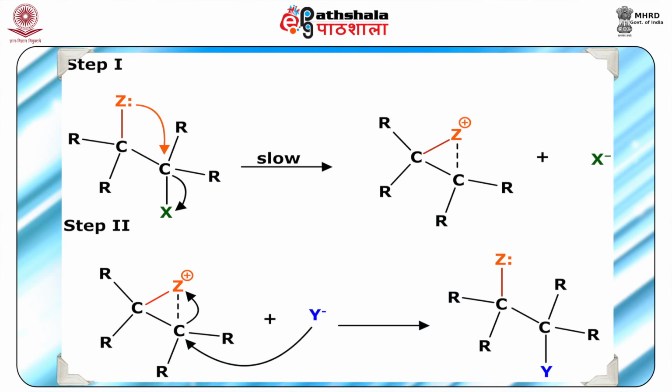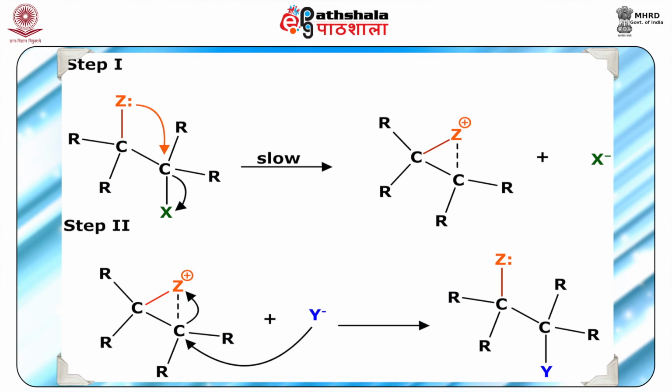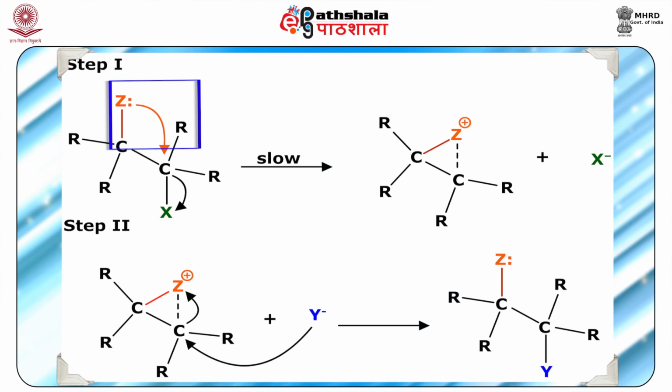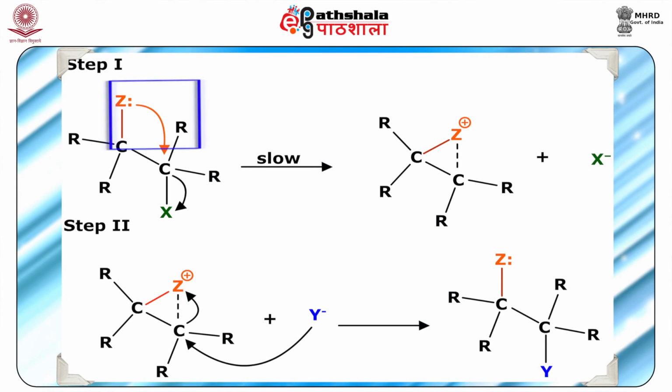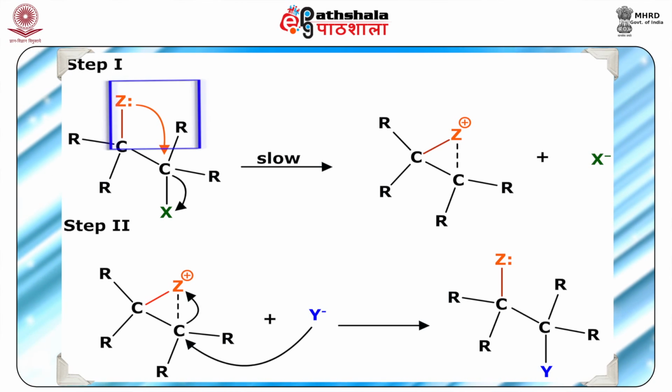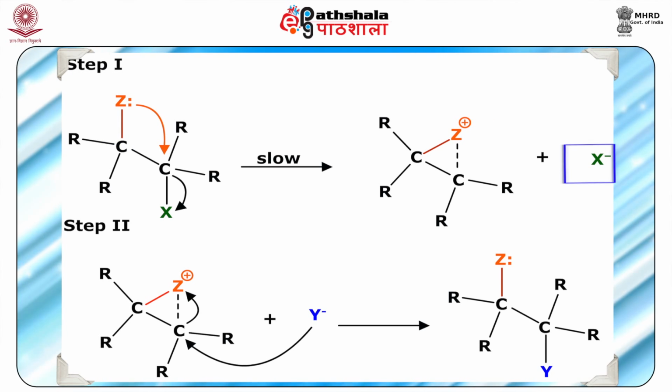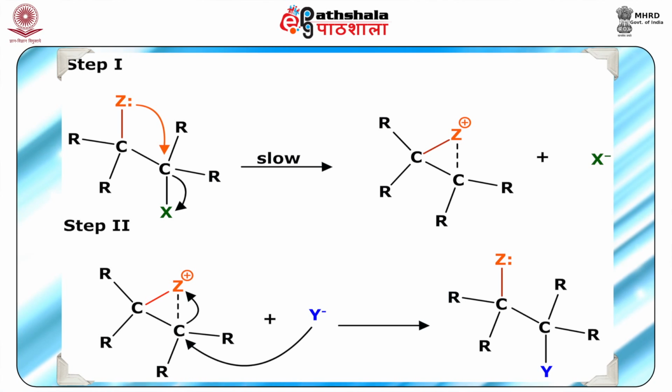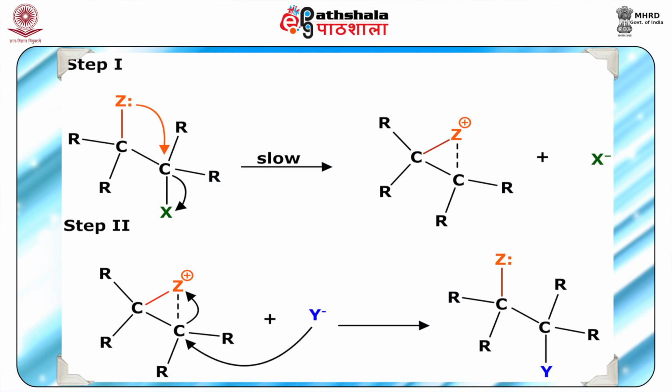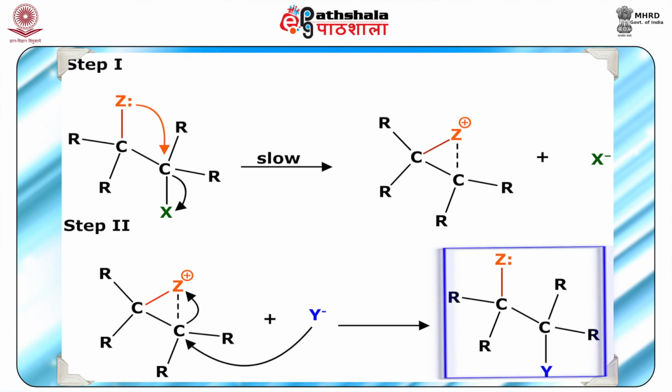So, this mechanism for anchimeric assistance is a 2-step mechanism where two consecutive SN2 reactions lead to retention of configuration. If you look at these 2 steps, you can clearly see the configuration is retained. It is not a backside attack, unlike the simple SN2 mechanism. In the first step, the neighbouring group Z acts as a nucleophile attacking the substitution center and expelling the leaving group, and in the next step the external nucleophile Y attacks from the backside, displacing the neighbouring group and retaining the overall configuration.